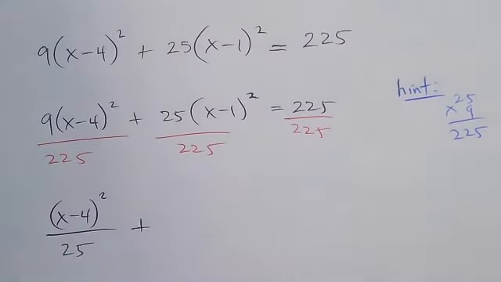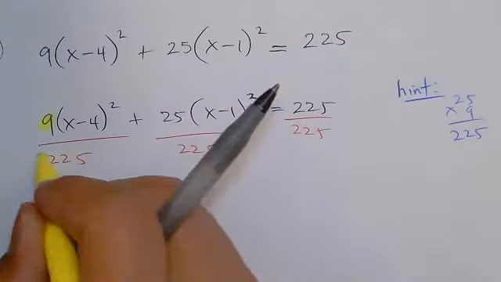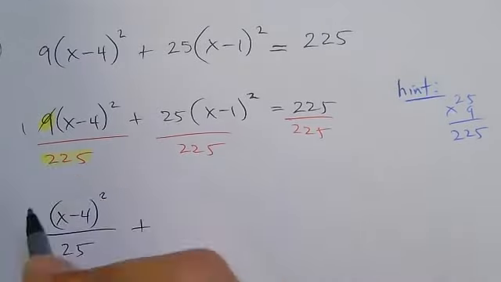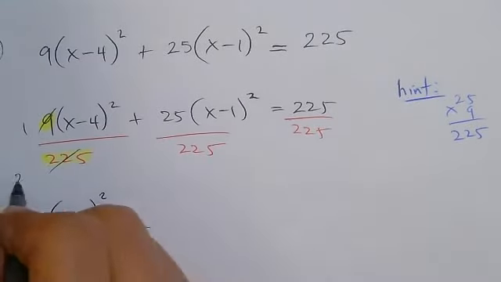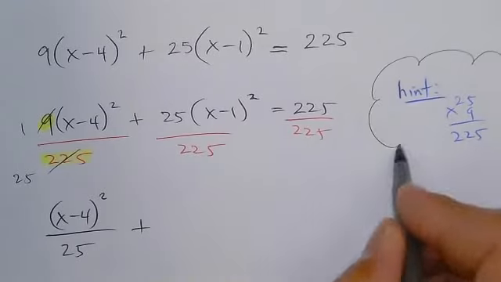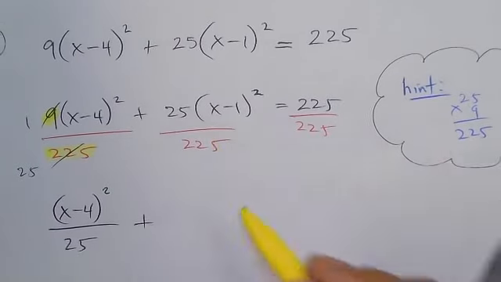25, right? That's going to be x minus 4 squared over 25 plus, and then that's how these reduce. 9 goes into 9 once, 9 goes into 225 25 times, right? Because I know this, because of this hint.